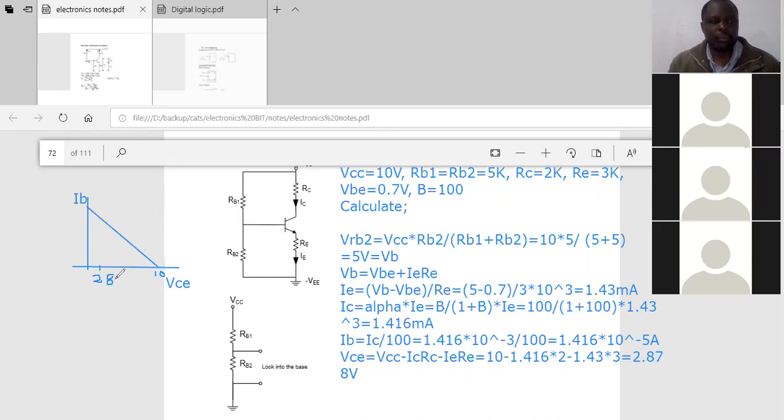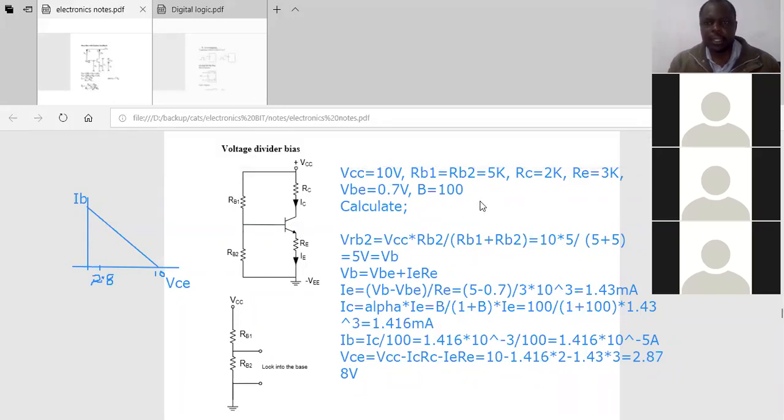So that's what you expected. But later, let me introduce another concept which you call the load line, and you will see how it works out. But that's what we are supposed to do. And I hope all of us are clear with that.